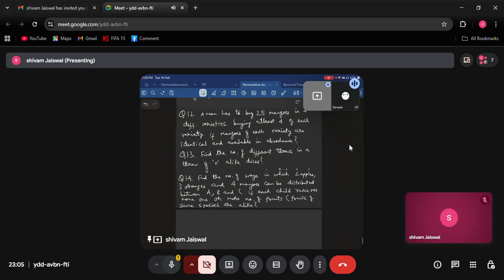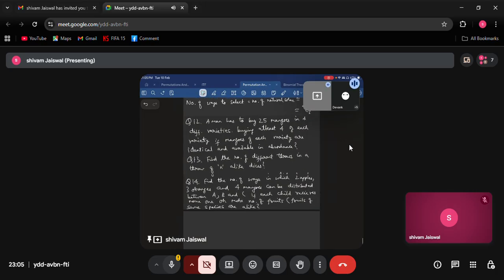Yes, Ratil, pay attention. A man has to buy 25 mangoes of four different varieties, buying at least four of each. At least four of each means at first you buy four of each mango. In the beginning, you purchase four of each. But after purchasing four of each, you can distribute the mangoes in none, one or more ways, right or not?